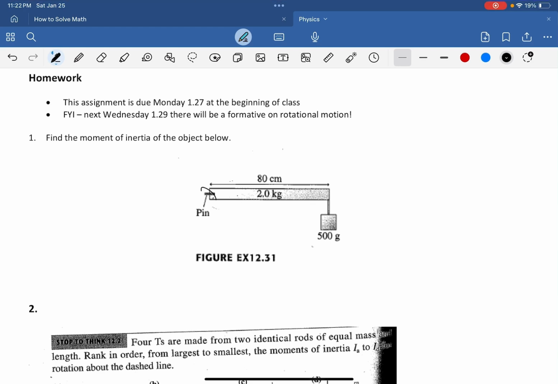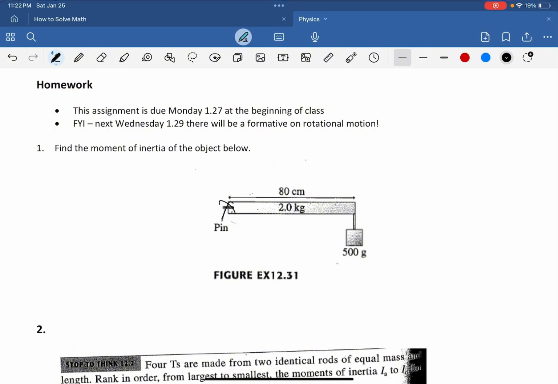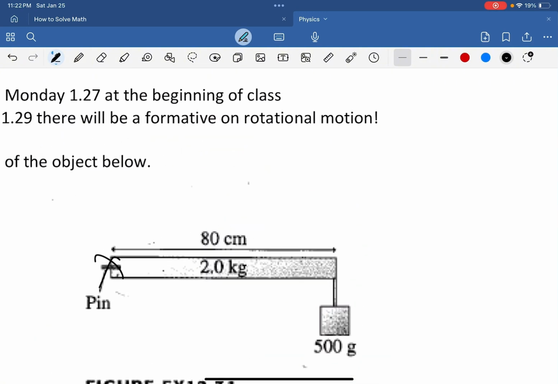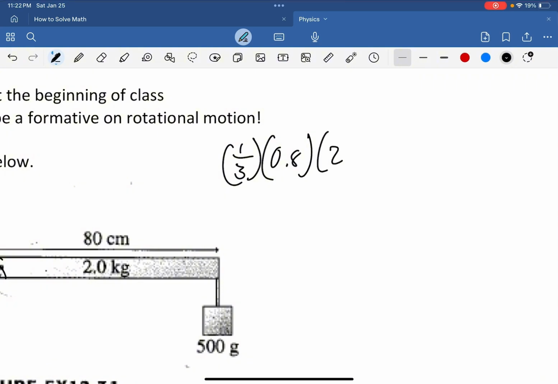Here we have our pivot point, which is right there. Find the moment of inertia of the object below. So this is a thin rod, and it's going to be at the end. So remember the equation for that one is 1/3, 0.8, because 80 centimeters is 0.8 meters.